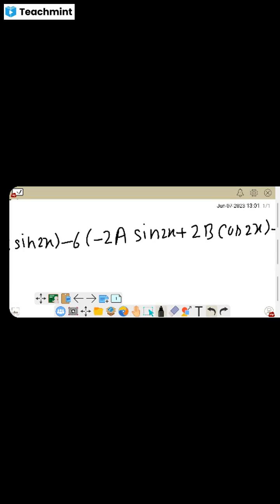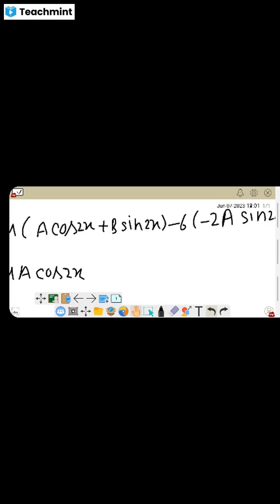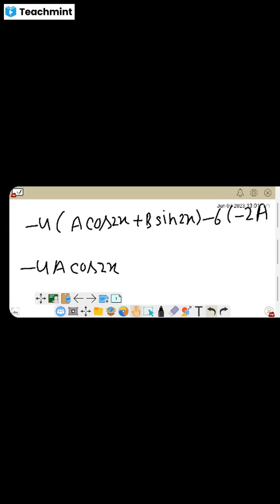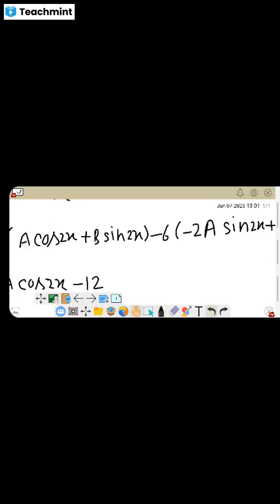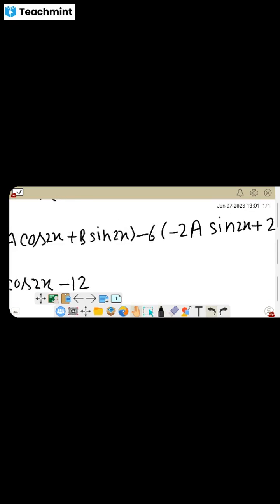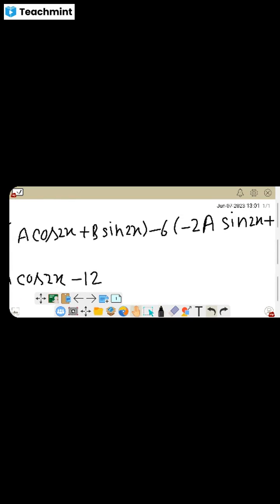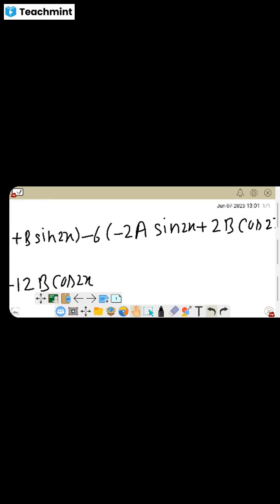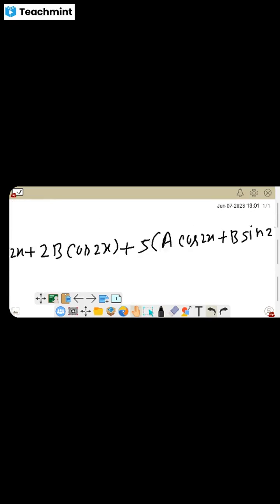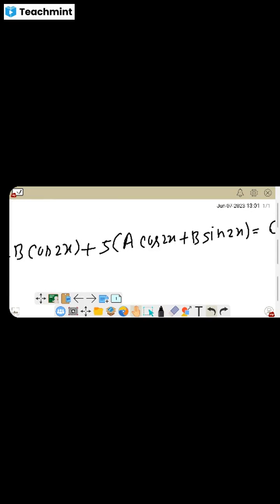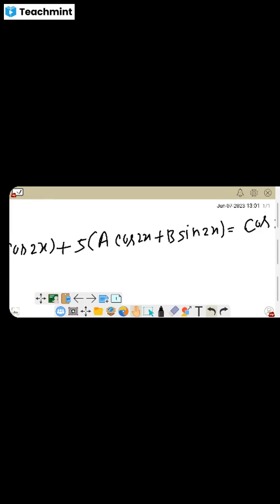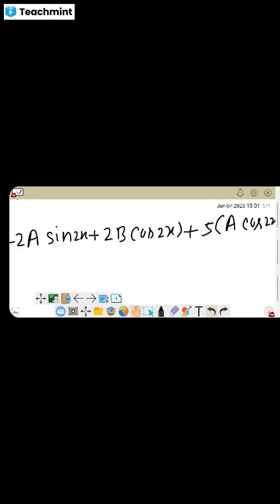If you multiply minus 6 with this term, then we'll get minus 12b cos 2x, plus 5a cos 2x.